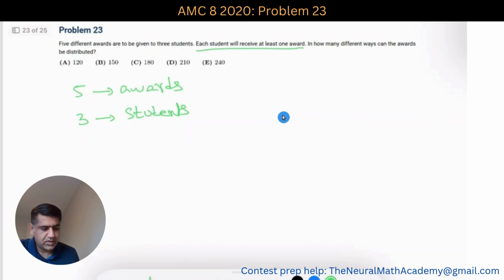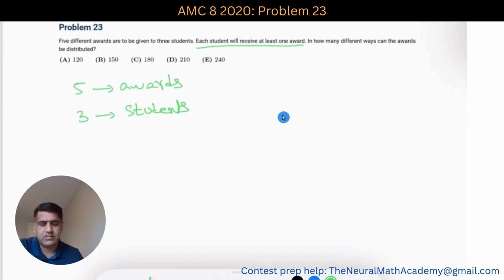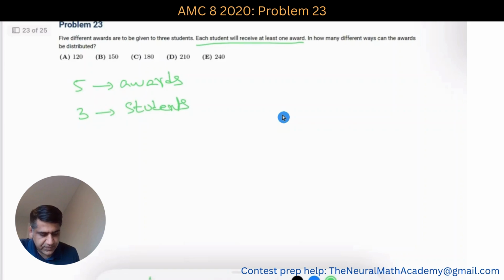So based on this condition, we can define our 2 test cases. In one of the test cases, there are 3 awards which 1 student will receive, and then the remaining 2 students will get 1 award each. The other test case is there are 2 students who will receive 2 awards each, and 1 student will get 1 award.